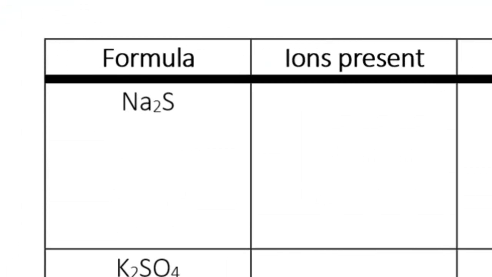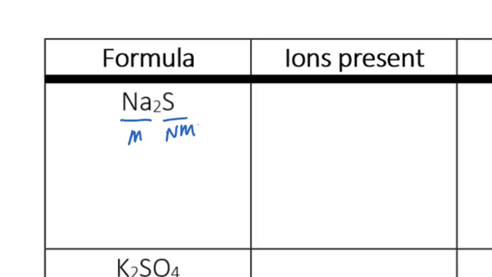We can tell that it's an ionic compound because it contains a metal, and metals almost always form positively charged ions, and a nonmetal. This indicates that there's probably going to be a transfer of electrons, as metals tend to lose electrons, nonmetals tend to gain electrons.